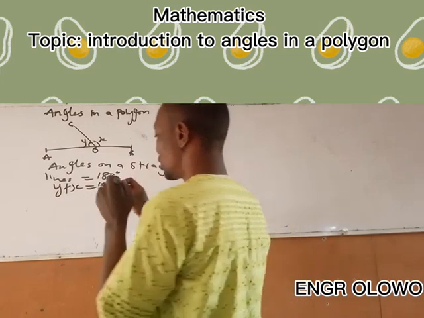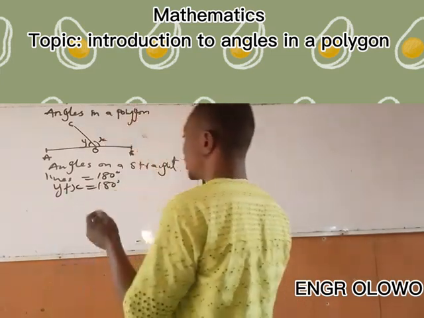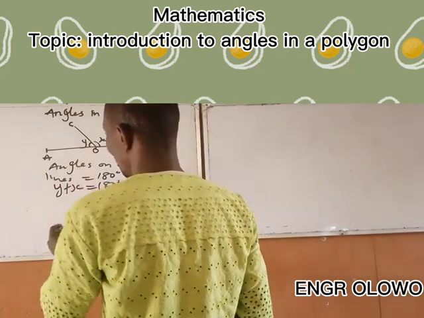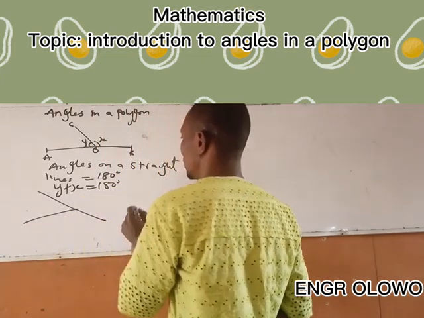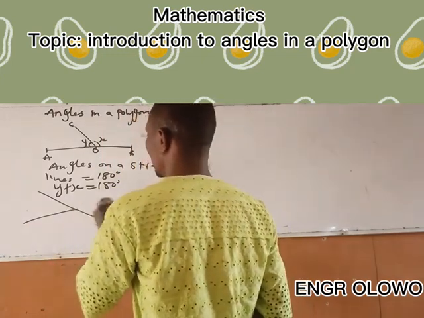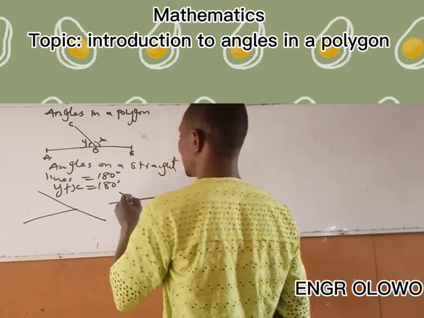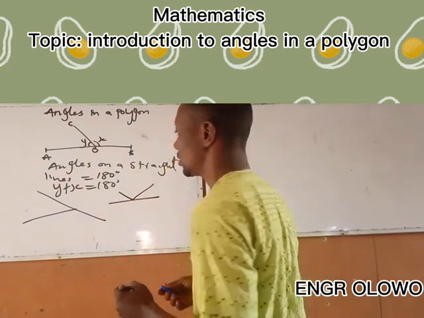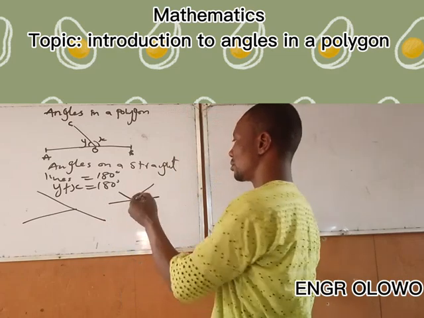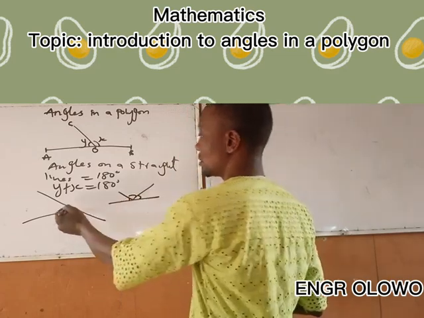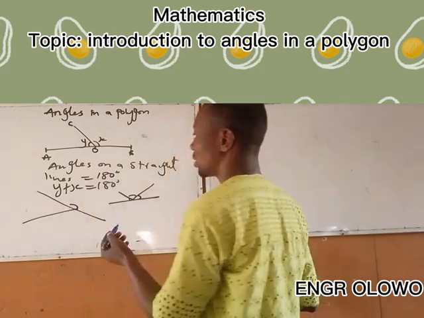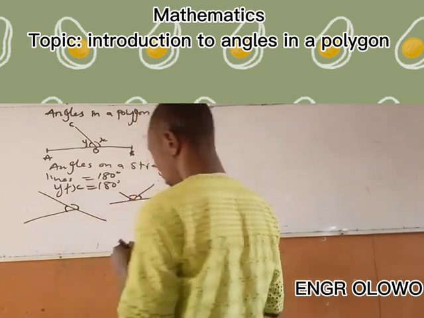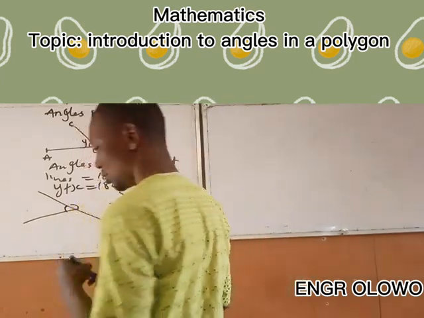X plus Y equals 180 degrees. The diagram can also be like this, not necessarily the way I first drew it. No matter what is given there, you just sum it together and it is equal to 180 degrees.